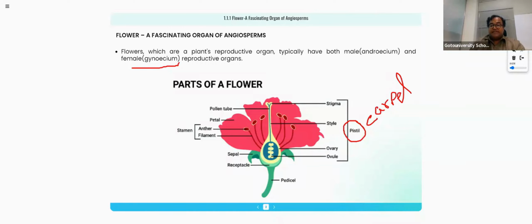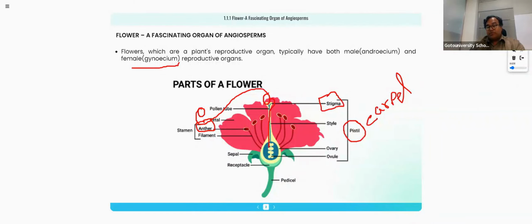This pistil has the stigma to collect the pollen grain from the male reproductive system, which has the anther to deliver the pollen grain. Pollen grain of anther gets attached to the stigma for the pollination process, where the male gamete is delivered from the pollen grain to the style, stigma, and then to the ovary.